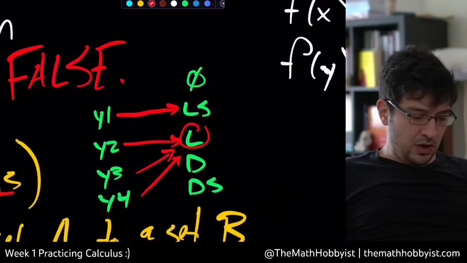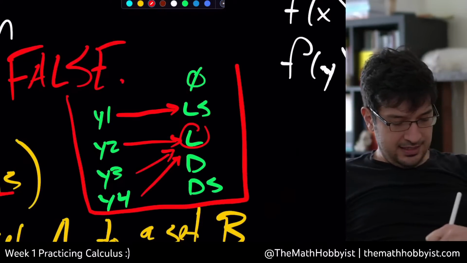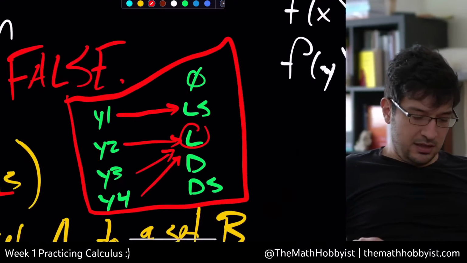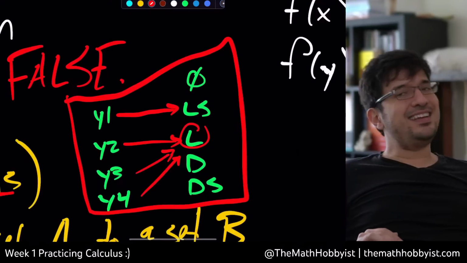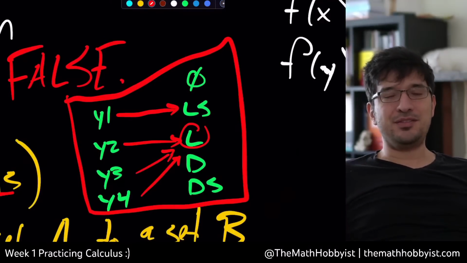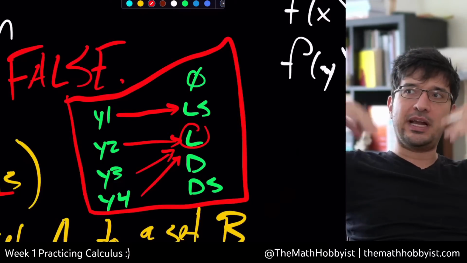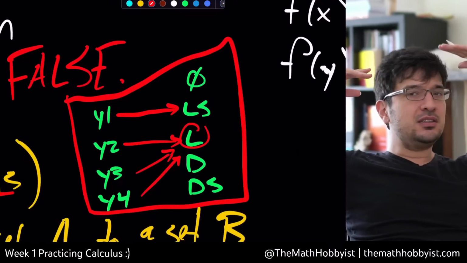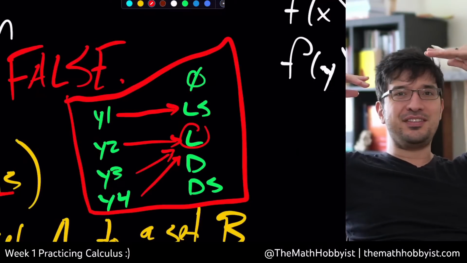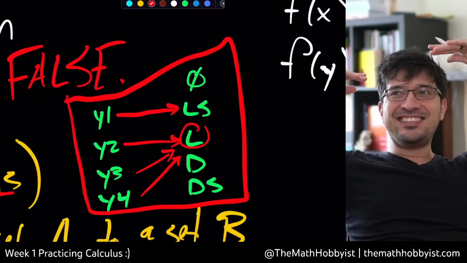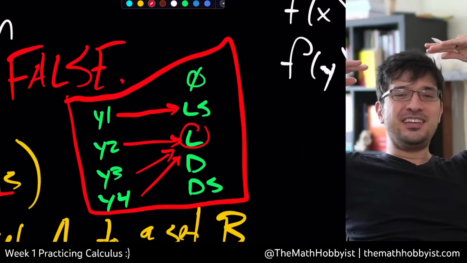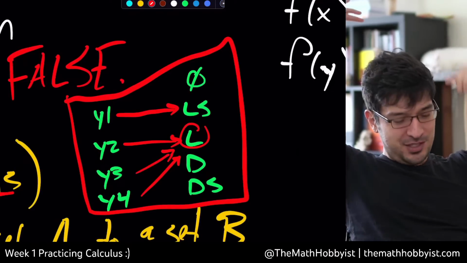Okay? So this is an example of a function that is not on the real numbers. Your reaction to watching this video right now is either to like and subscribe if it's the first time you've seen one, and it's to like if it's not the first time you've seen one. Does that make sense?